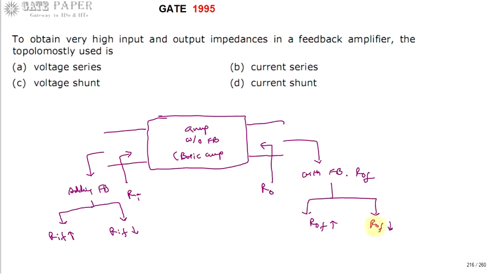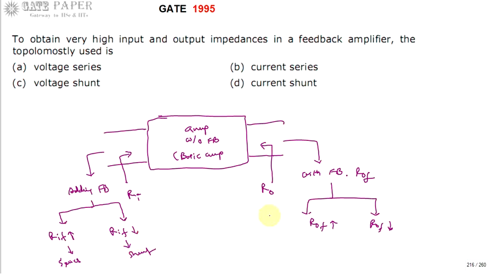The mechanism used to increase or decrease the input impedance is called the mixing network. The type of mixing may be series mixing or shunt mixing. If it is series mixing, RIF increases, and if it is shunt mixing, the input impedance with feedback reduces.